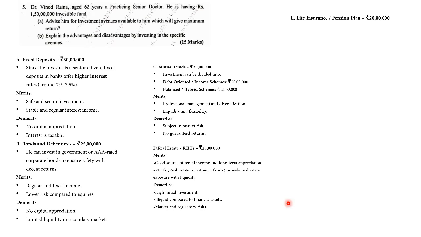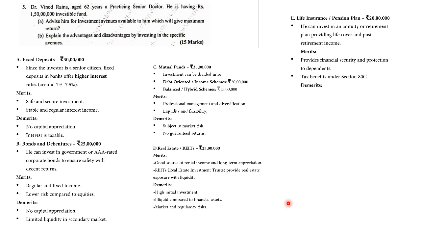E is life insurance, 20 lakhs. He can invest in an annuity or retirement plan providing life cover and post-retirement income. Merits: provides financial security and protection to the dependents, and tax benefit is there under section 80C. Demerits: low liquidity, returns are comparatively lower. And lastly, PPF, 15 lakhs.